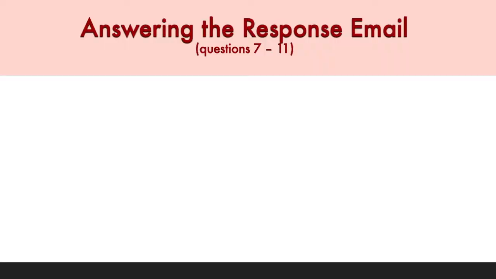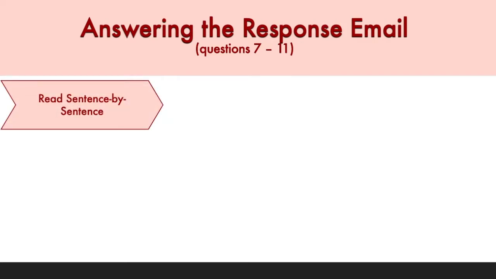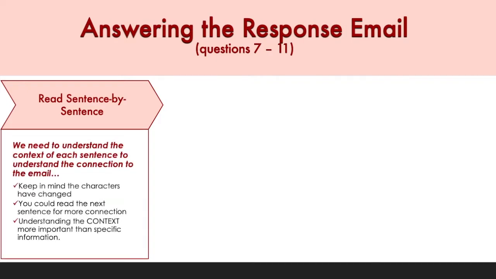Answering the response email, questions 7 to 11. Read sentence by sentence. We need to understand the context of each sentence to understand the connection to the email better. Keep in mind the characters have changed. You could read the next sentence for more connection, and understanding the context is more important.